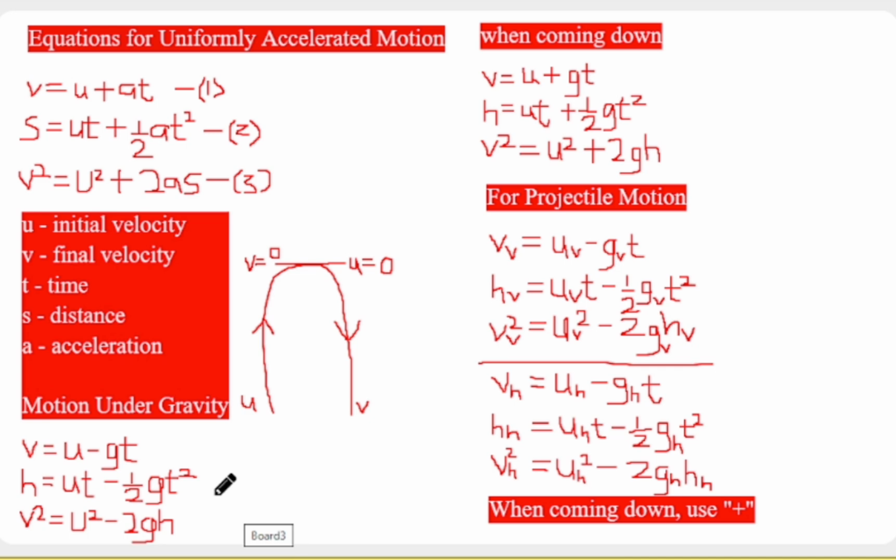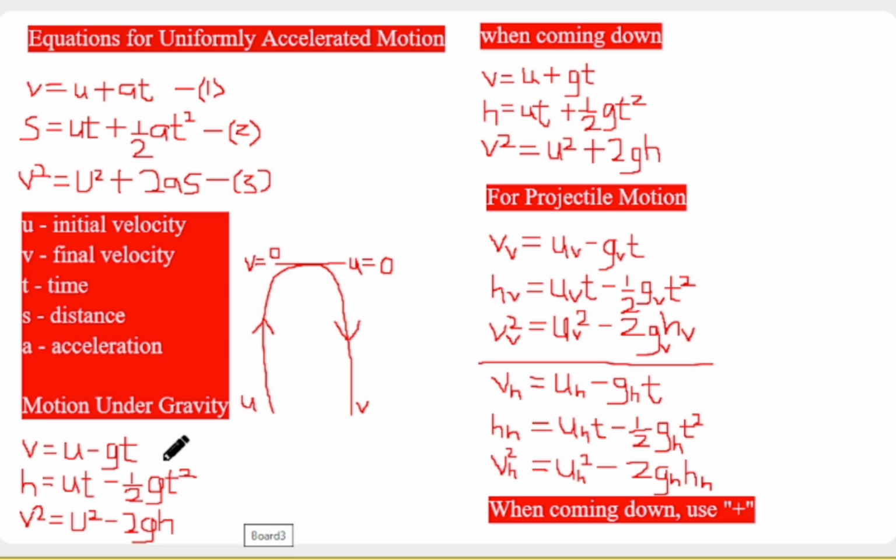Going up, it is performing vertical motion. Moving forward, it is performing horizontal motion. And we have to take these two motions into consideration when we are trying to solve a question under projectile motion.